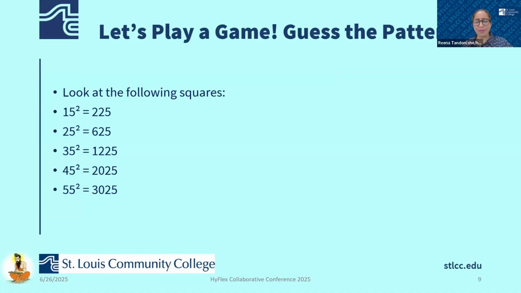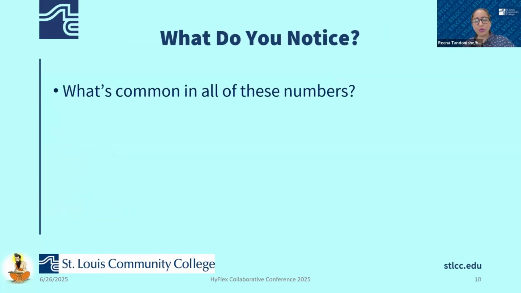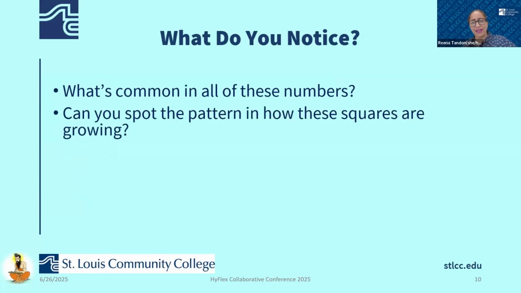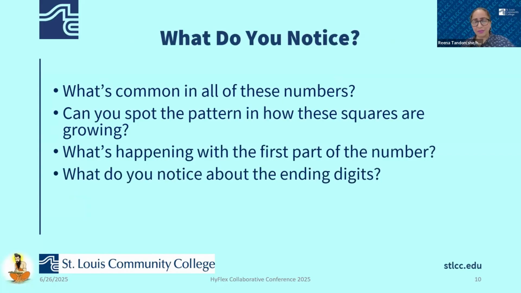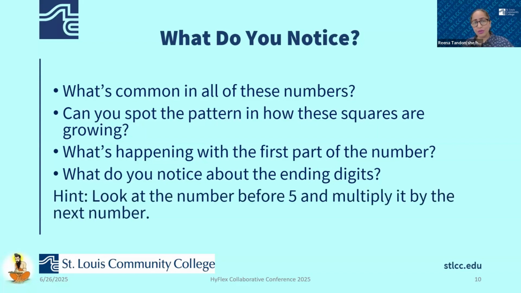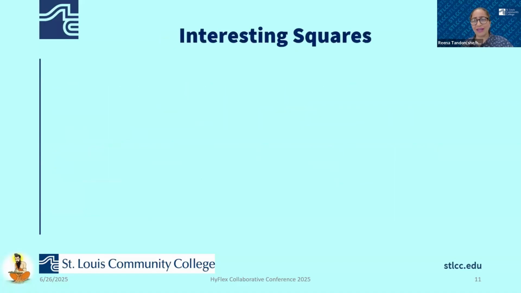Yes, you said all the numbers end with 25. Great. So if you want to find what is common in these numbers, you find these are squares ending in 5. If you want to find the square of any number ending with 5, I am going to tell you the shortcut way to solve that.